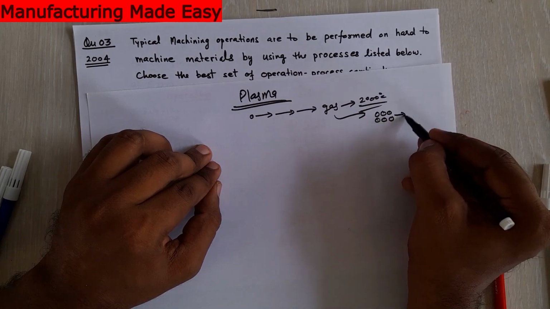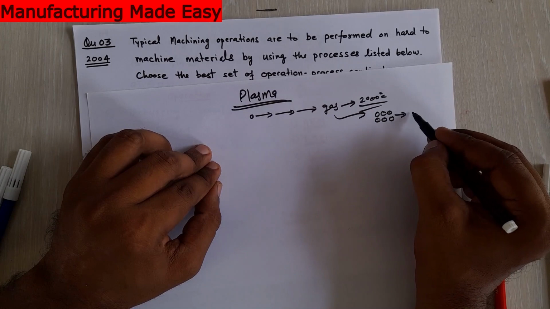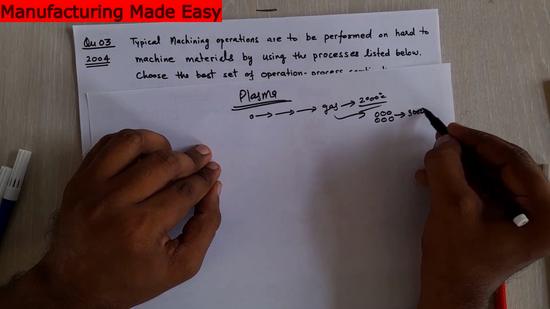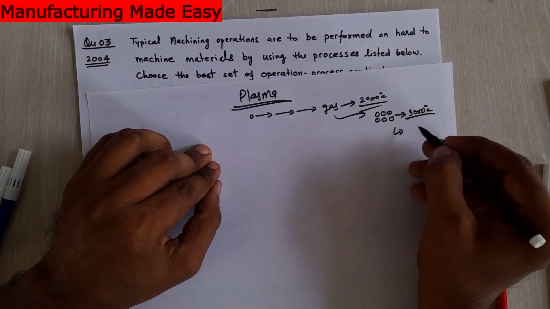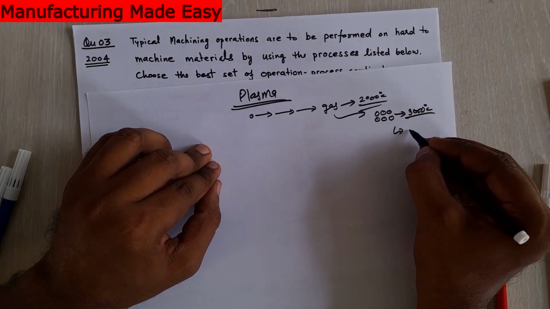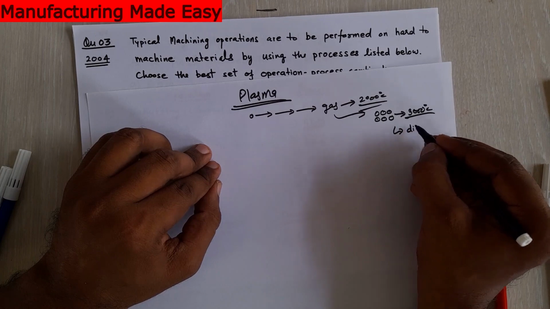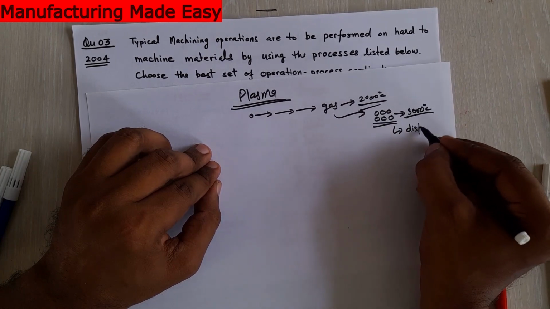If we heat these atoms further, suppose up to 3000 degrees centigrade, the electrons of these atoms will be displaced.